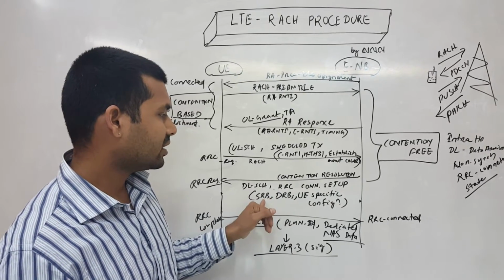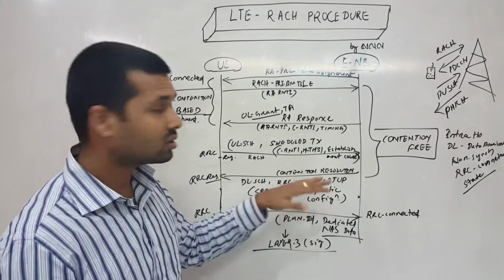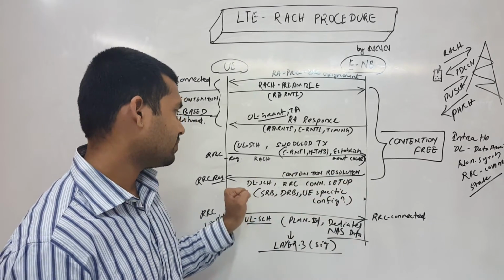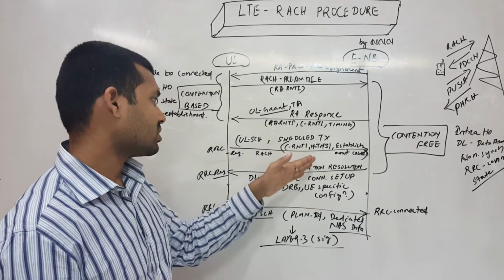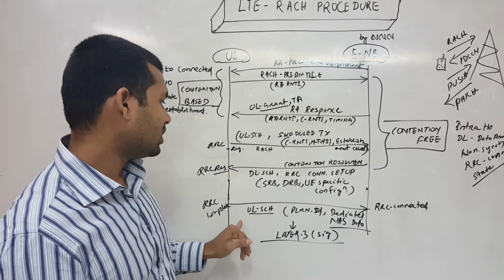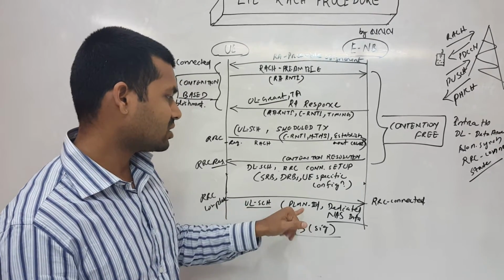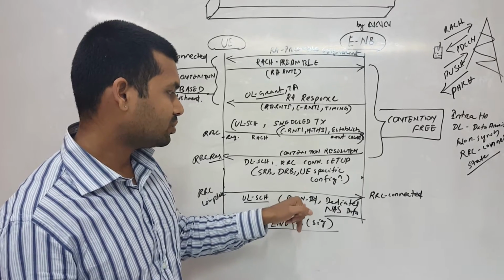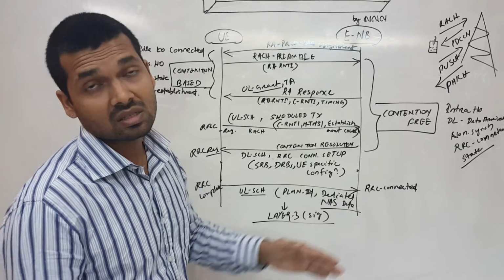and we get the signaling radio bearers, DRB, and all the uplink specific configurations, which means we got an RRC response after our RRC request. Then we complete the process, the RRC completion process. In the uplink shared channel, we send the PLMN ID and dedicated NAS information, non-access stratum information.